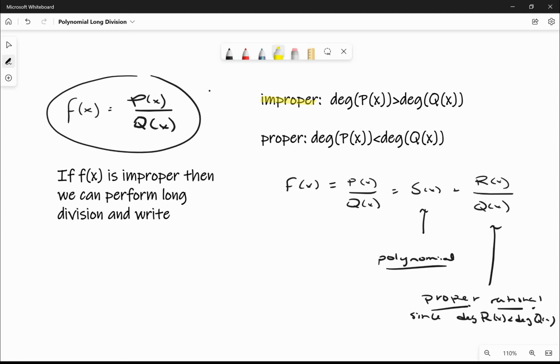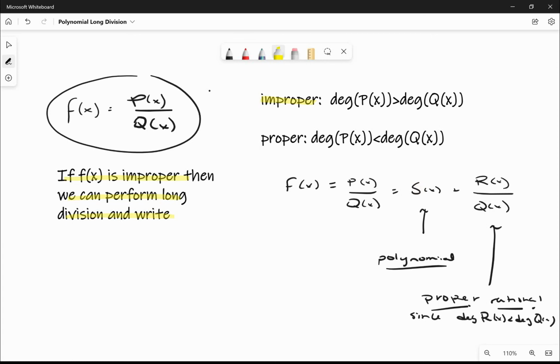In this case, if f of x is improper, then we can perform long division and write f of x is equal to s of x plus r of x over q of x.